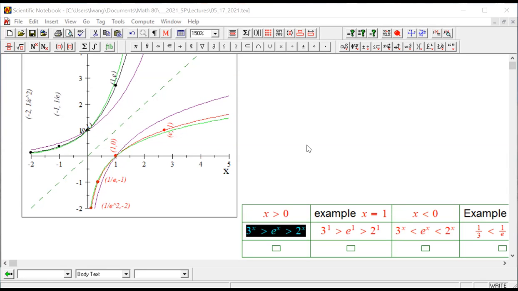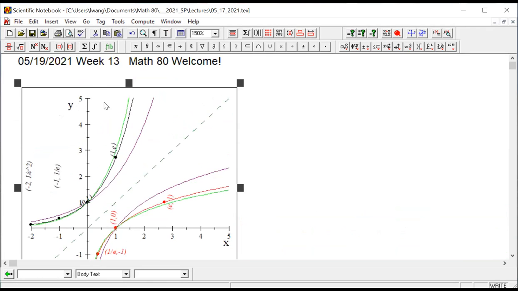Let me clean this up, and let's focus on these 3 logarithm curves. Okay, let's look at these 3 logarithm curves.